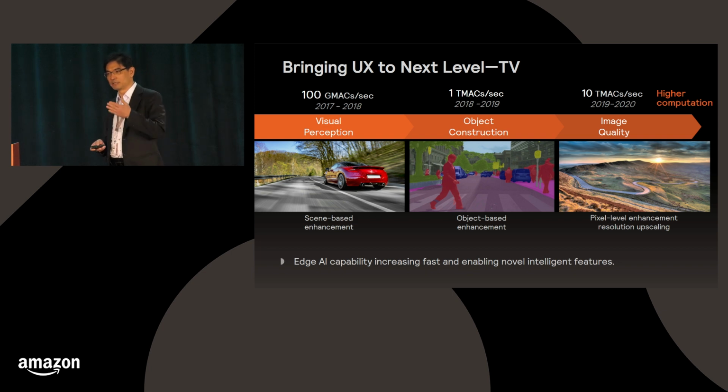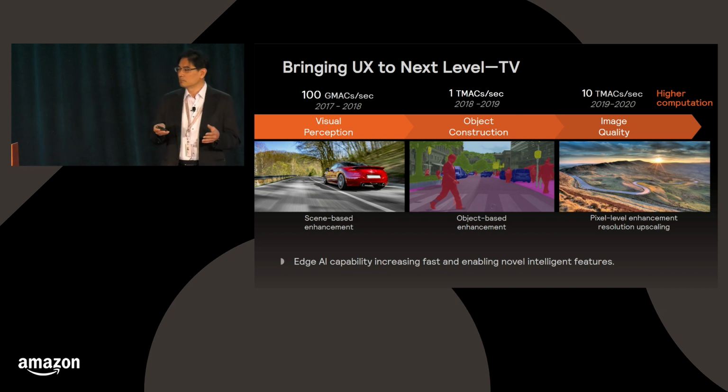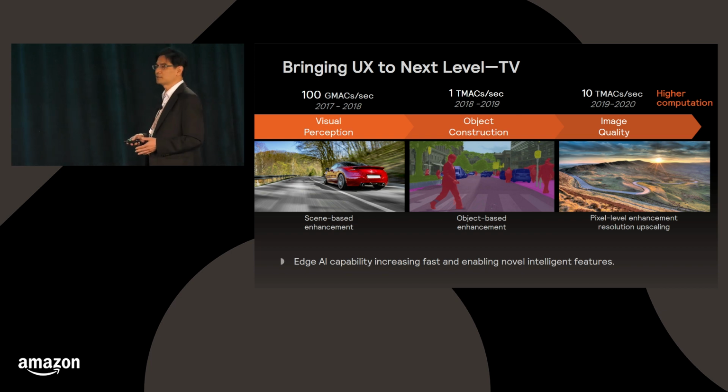The TV will detect the scene in real time and optimize the picture quality. And looking forward to next year, it will evolve from scene-based to object-based. That means in the same frame, no matter whether it's a human face or green grass or blue sky, each object's PQ can be optimized separately.